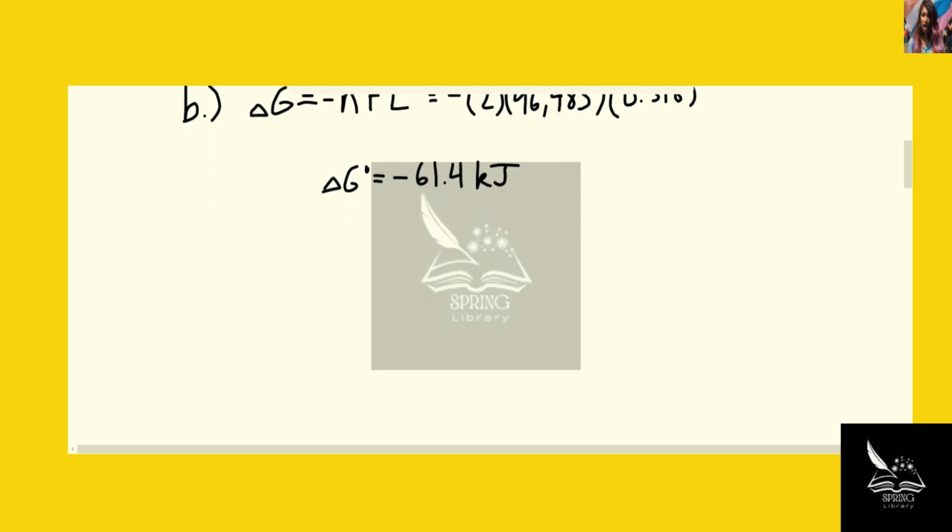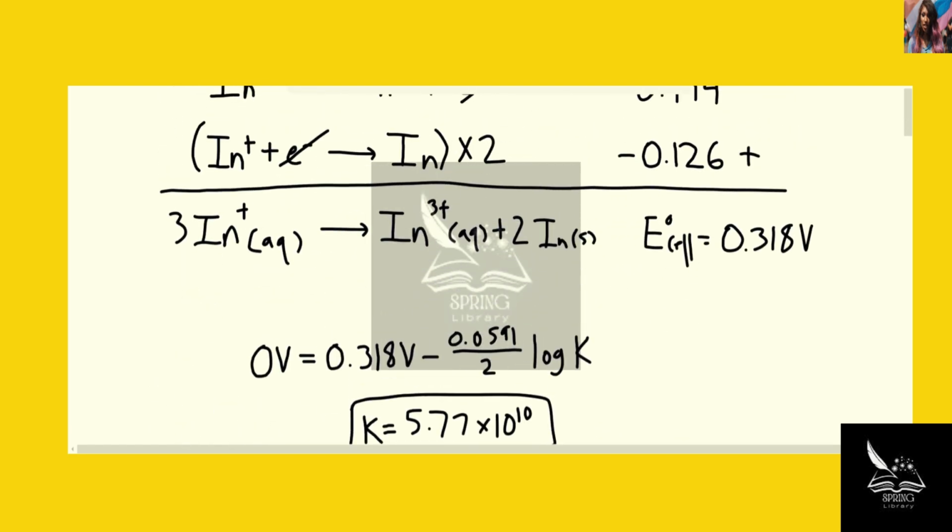And now the generic way to find delta G from delta G of formation values is that overall delta G, which we just solved for, negative 64.1 kilojoules, is equal to the total change in Gibbs free energy of the products minus the total change in Gibbs free energy of the reactants. For the products, we have In solid, which is in its standard state and therefore has a delta G of formation value of 0.